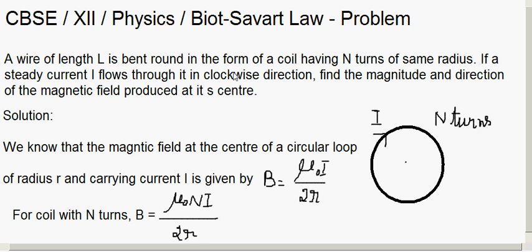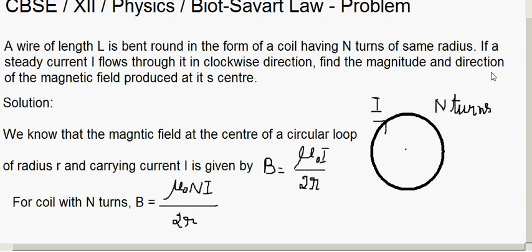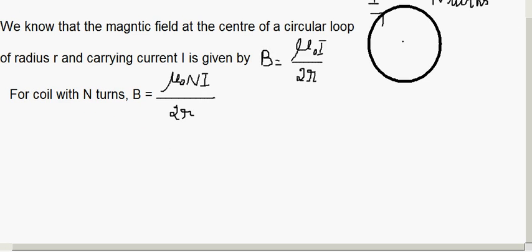Now we know the length of the wire, so let us try to write this equation in terms of L, because here r is not given. You can write a small note over here. When a straight wire is bent in the form of a circular coil of N turns, then what happens?